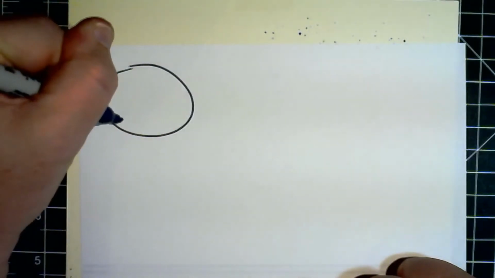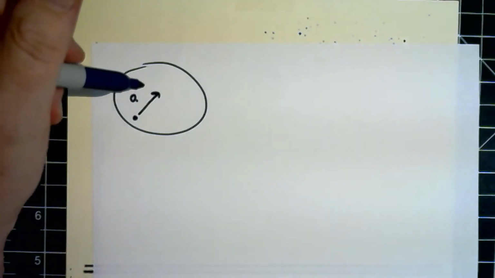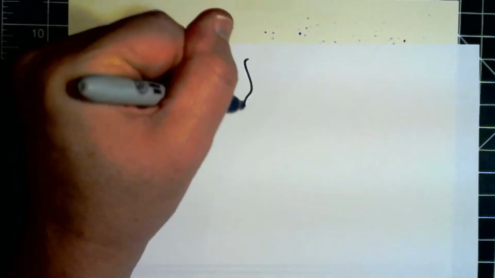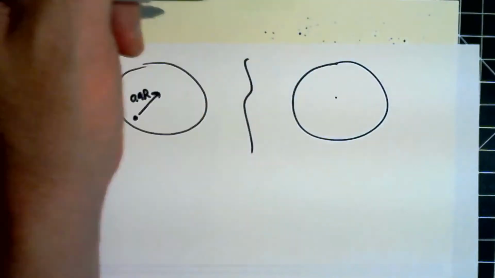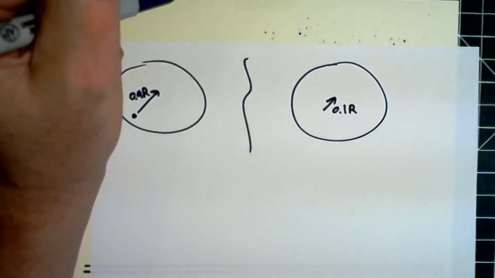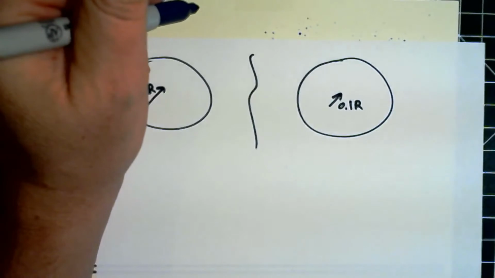All right, so let me sketch this out real quick. Initially the bug is at a distance of 0.9 times the radius. That's your initial distance r. And then afterwards, the bug is at 0.1 times the radius. So we want to see how this affects our results.